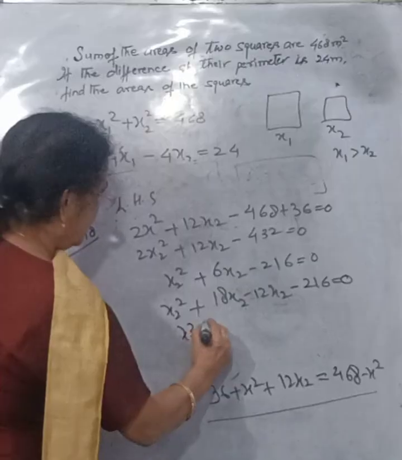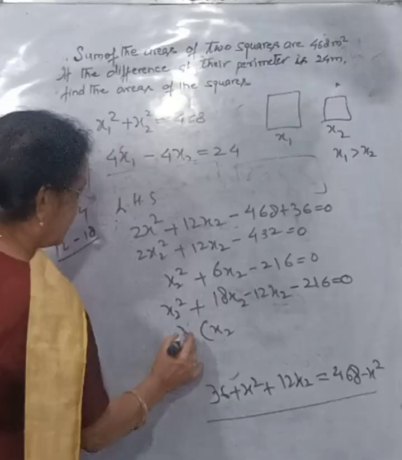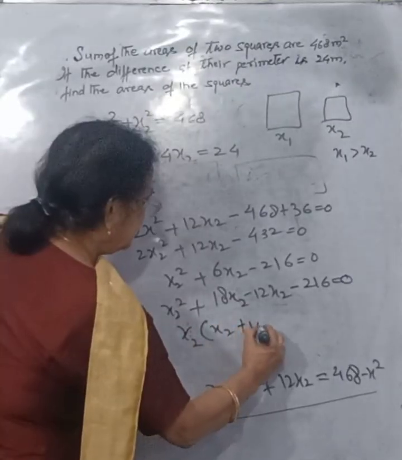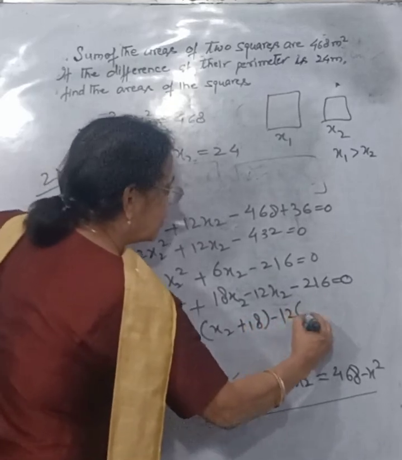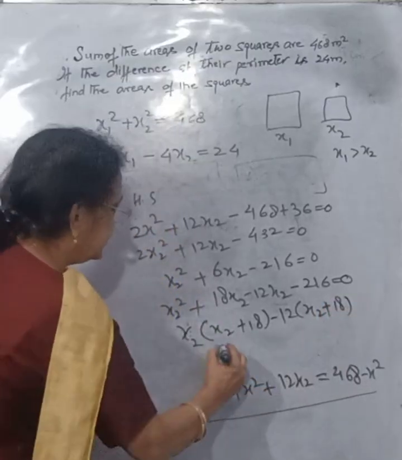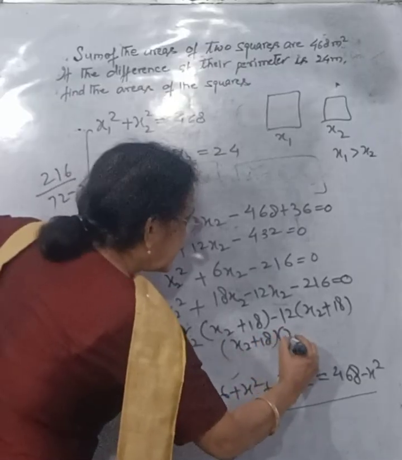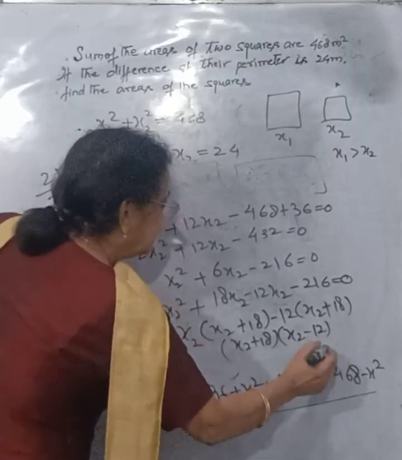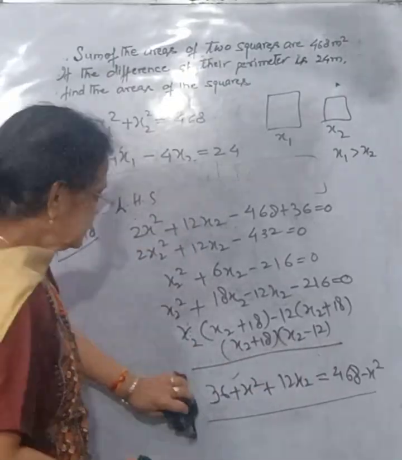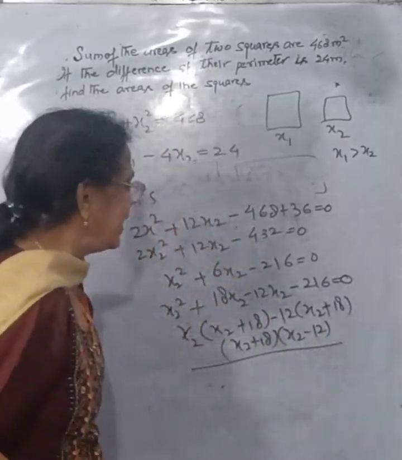x2 can be taken as common, only x2 is taken common, not the square. We get x2 inside the bracket plus 18 minus 12 taken common, x2 plus 18. It means we have two factors, x2 plus 18 and x2 minus 12. So there are two values of x2, the side of the second small square: either it is equal to minus 18 or equal to 12.